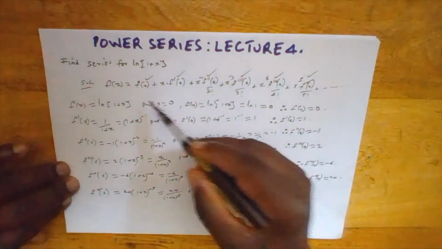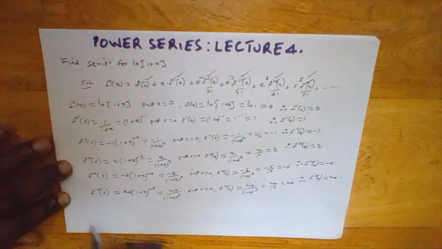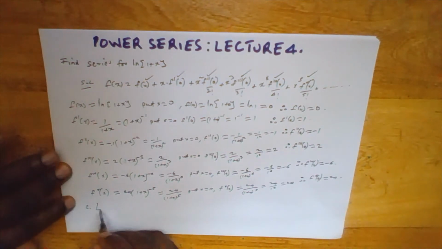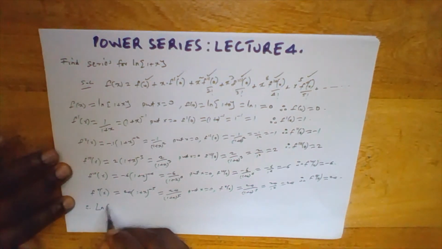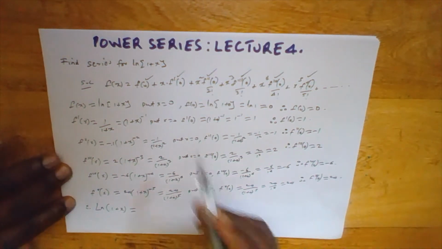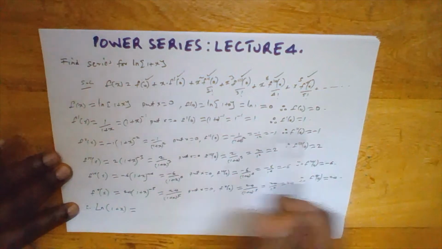Okay, now that we have all the constants, we shall say, therefore, ln of (1 plus x) will be equal to our f of 0.